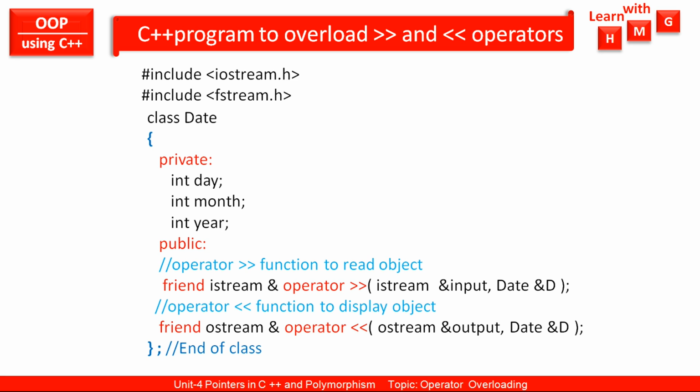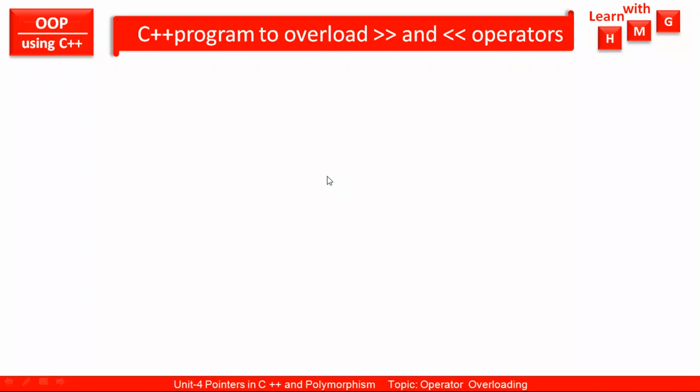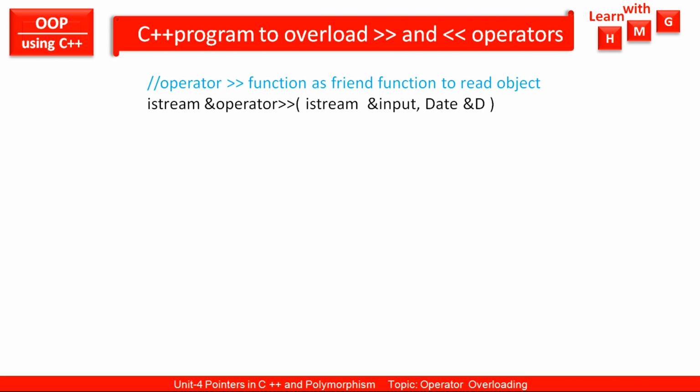Let us write the definition of these two friend functions. The first function definition is of the operator extraction function as a friend function, which is used to read an object. So this is the header line of the function definition.